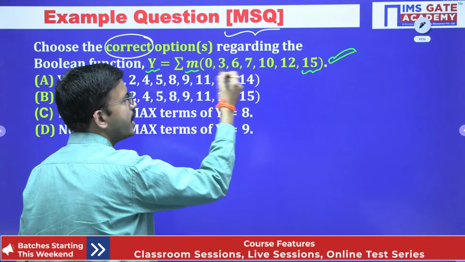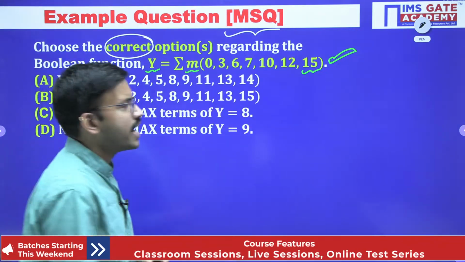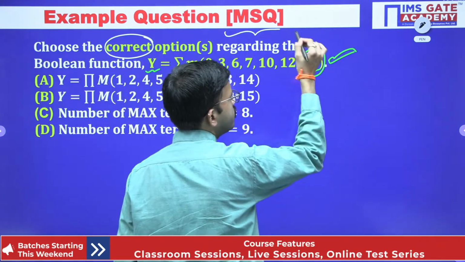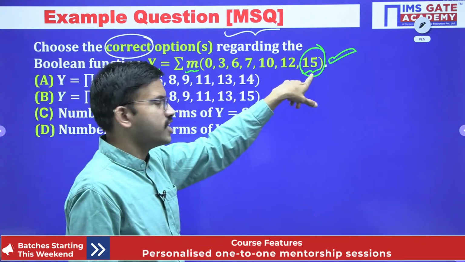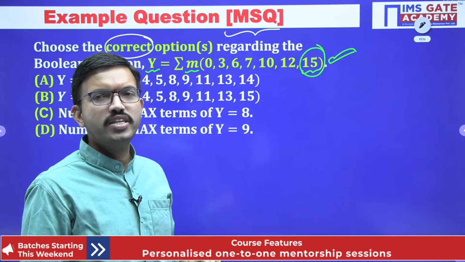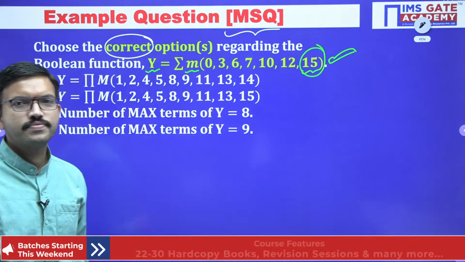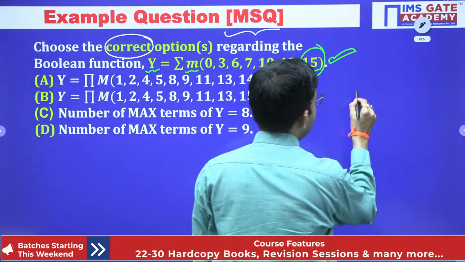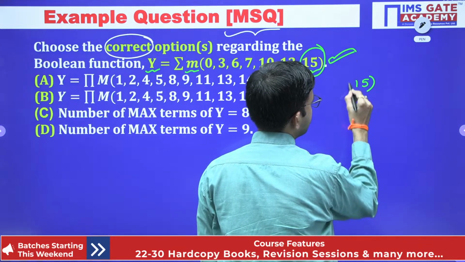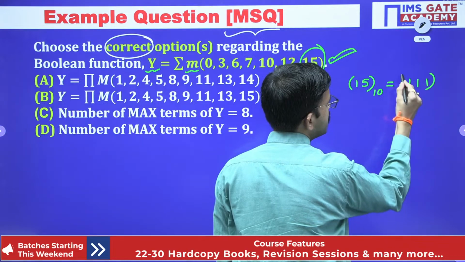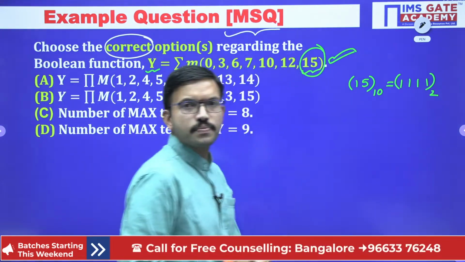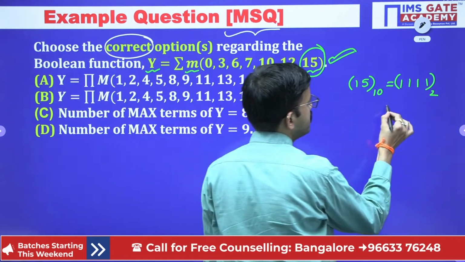Among all the min terms, the maximum min term number is 15, right? For representing 15, how many bits do we require? We require 4 bits, yes or no? 4 ones is nothing but 15, right? So that means we require 4 bits.